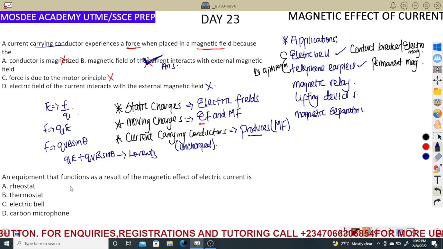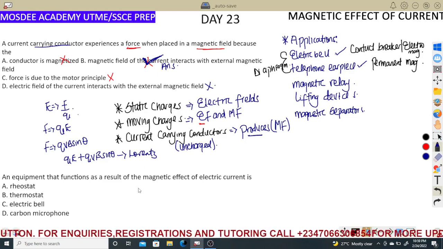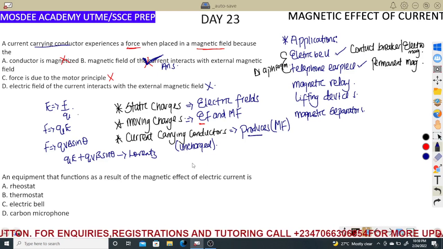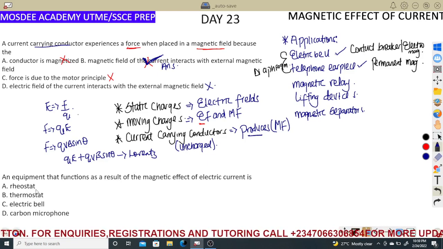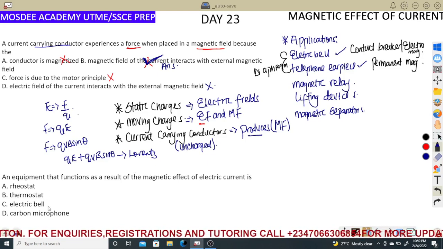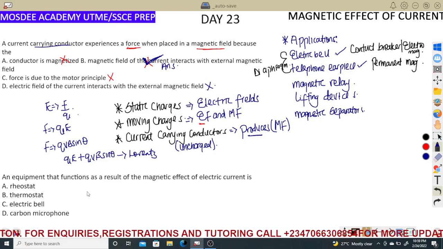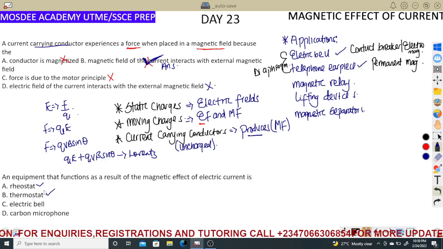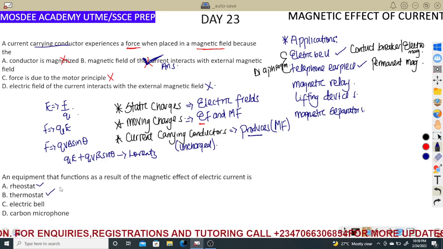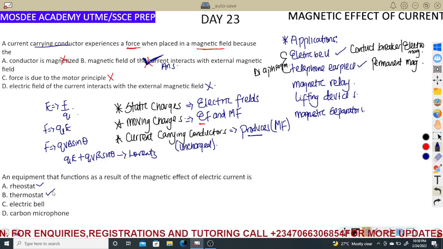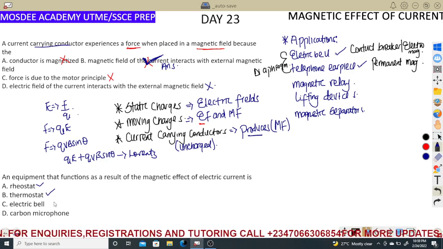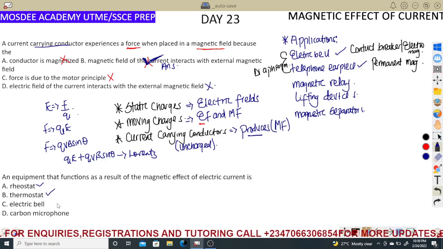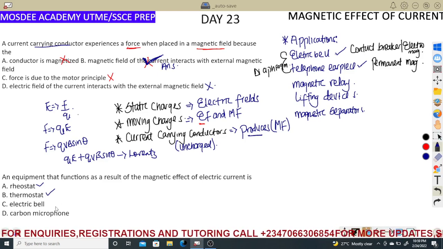Next question. An equipment that functions as a magnetic effect of electric current is that: rheostat, thermostat, electric bell, carbon microphone. Rheostat, thermostat: you have talked about rheostat under electricity, and thermostat under heating effect of current, and also under heat calorimetry.